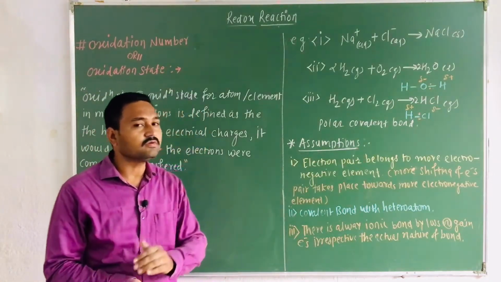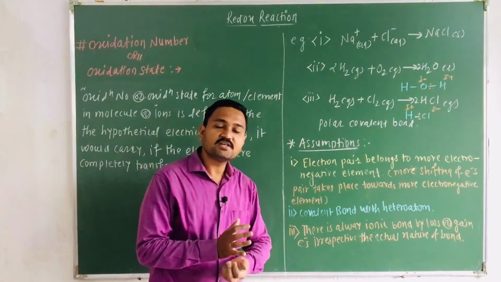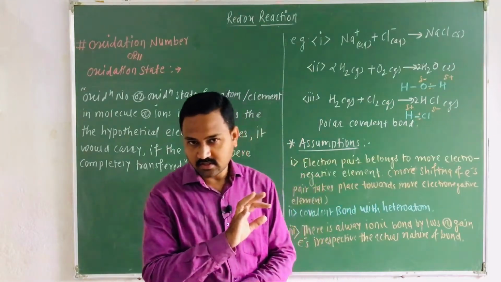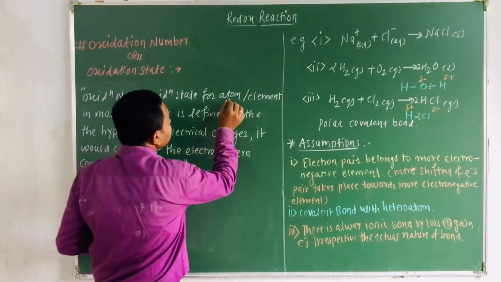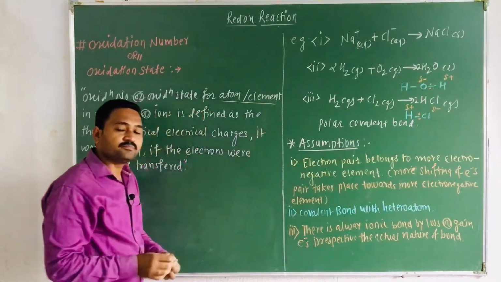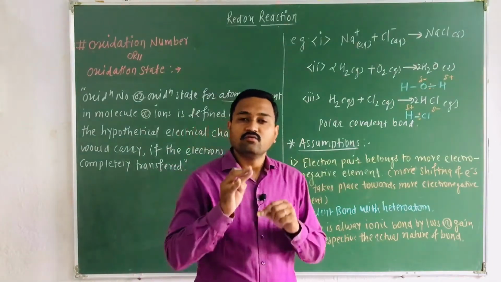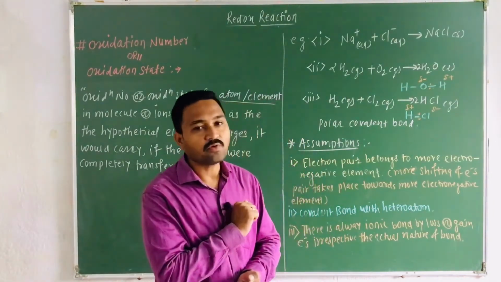Now what you have to learn from this definition? Remember, oxidation number is considered as a hypothetical charge. It is an imaginary charge which is exhibited by that atom which is in the molecule or ion, and we consider this charge because a transfer of electron takes place.